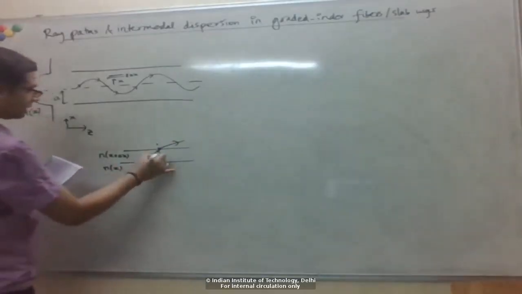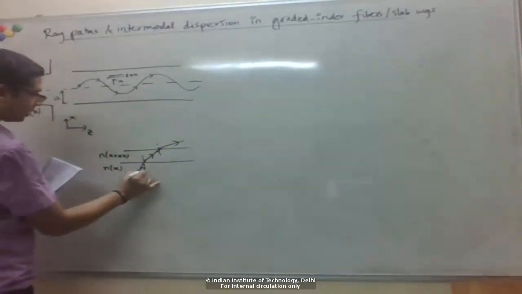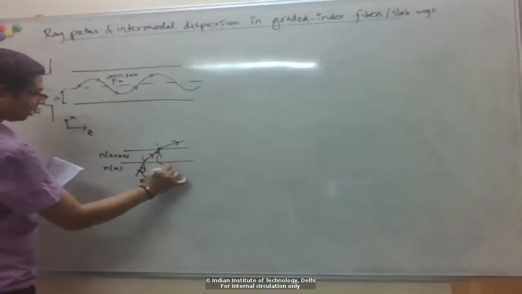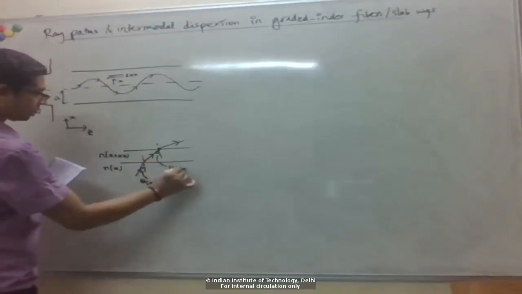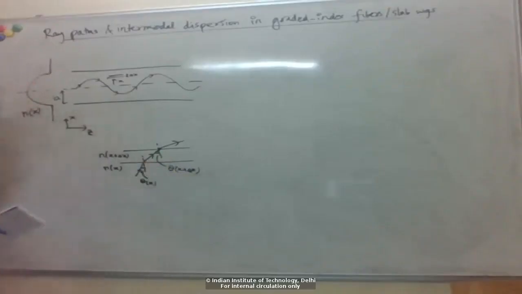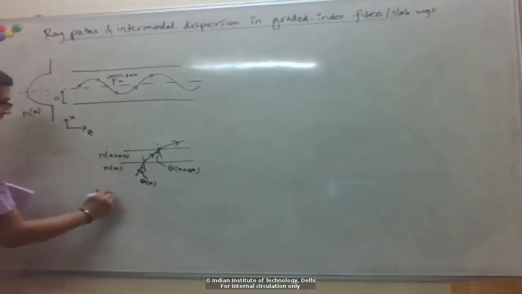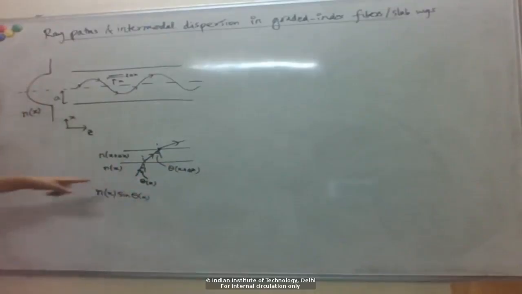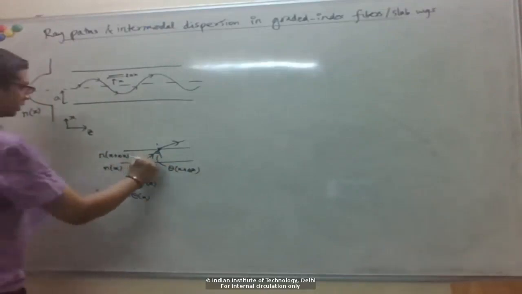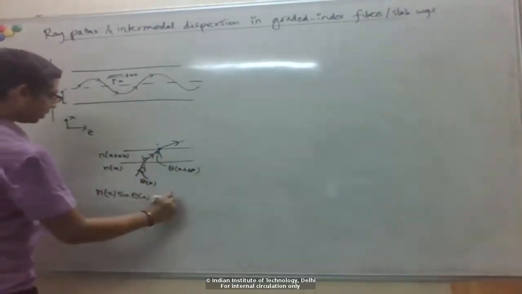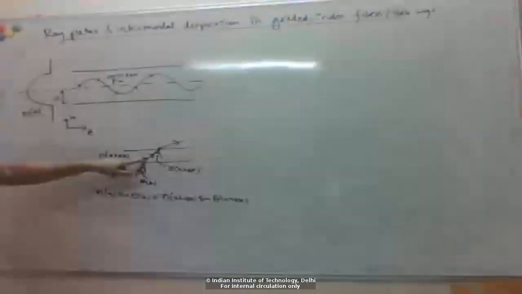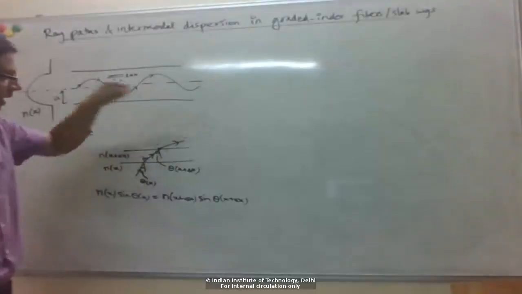So if the angles of incidence at each layer, we define as some theta of x, then we know from Snell's law that this relation holds: the refractive index times the sine of the angle of incidence is equal to the refractive index on the other side times the sine of the angle of refraction, which is again the angle of incidence for the next layer, and so on.